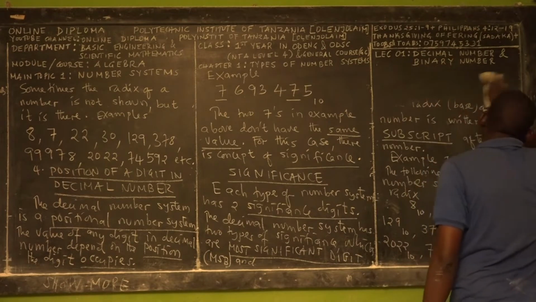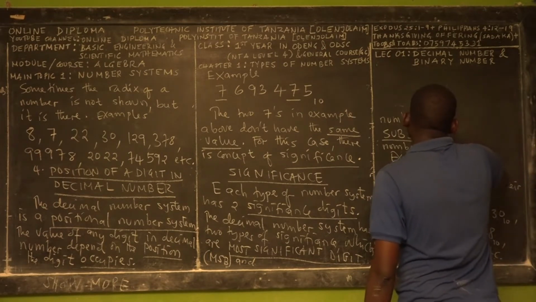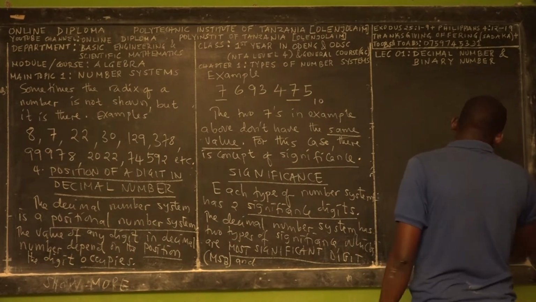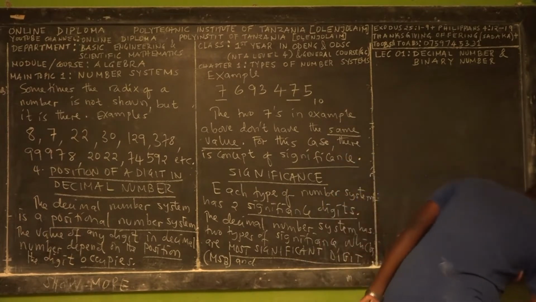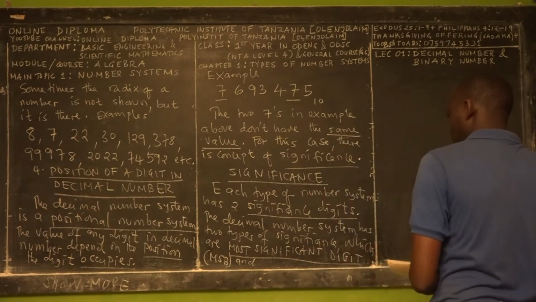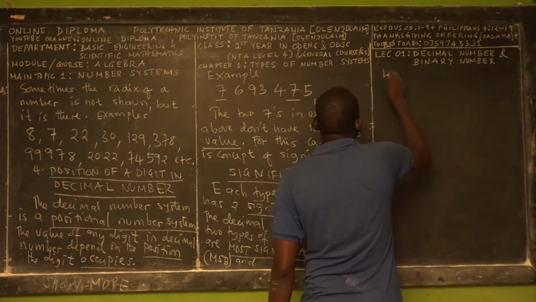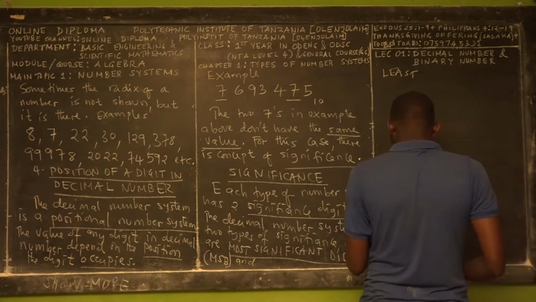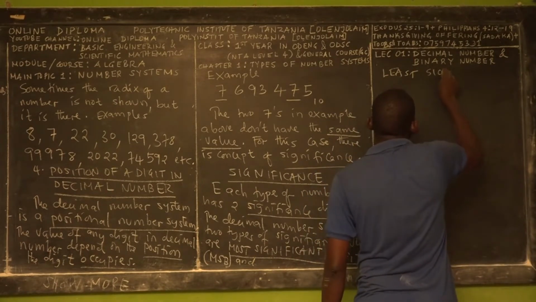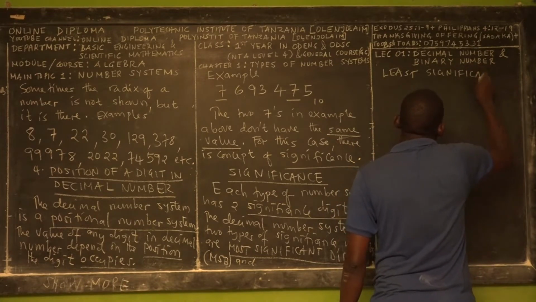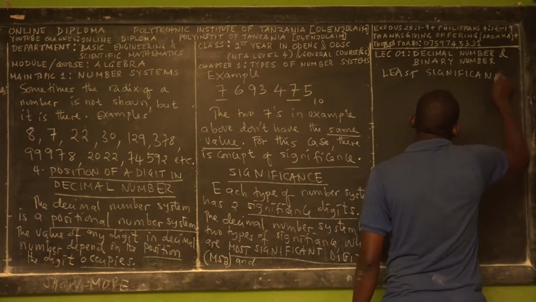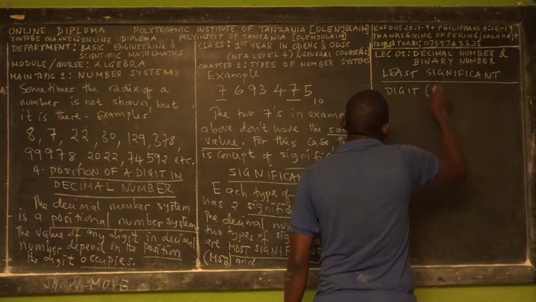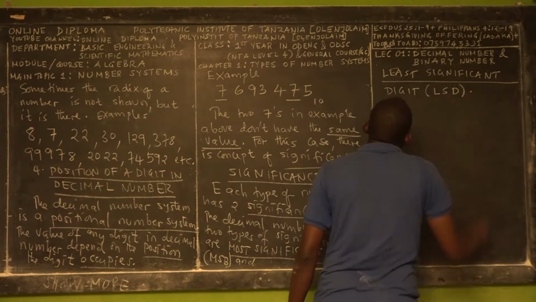In binary also we have two types. We have most significant digit and least significant digit.